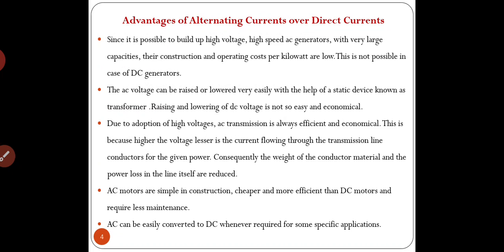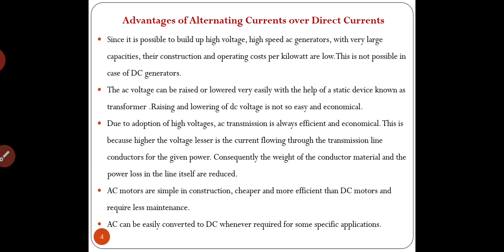Advantages of alternating current over direct currents. Since it is possible to build high voltage, high speed AC generators with very large capacities, their construction and operating costs per kilowatt are low. This is not possible in case of DC generators. We can build very high voltages in case of alternating currents.